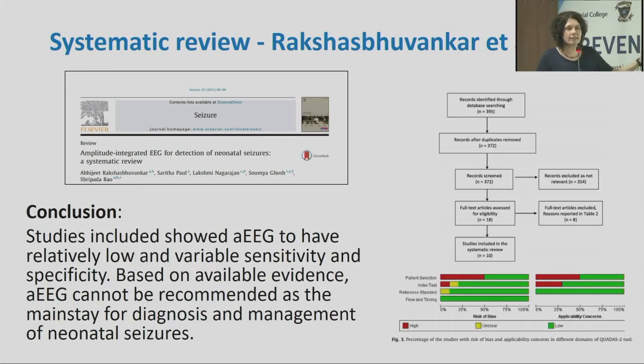There's been recently a systematic review looking at the value of aEEG. The problem is there are lots of studies comparing aEEG to EEG, but in most of these studies the methodology is not very consistent, and so this systematic review concludes that there's not enough evidence to prove that aEEG is sufficient for the diagnosis of seizures if used on its own.